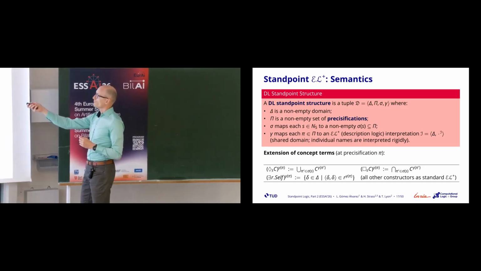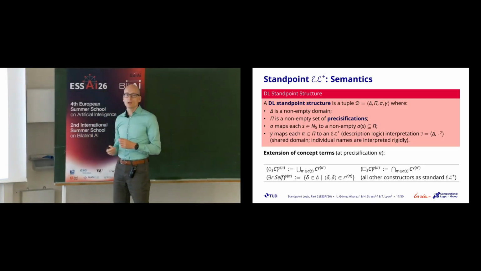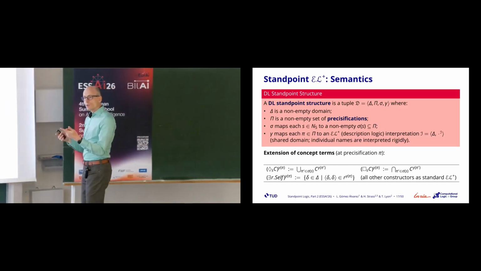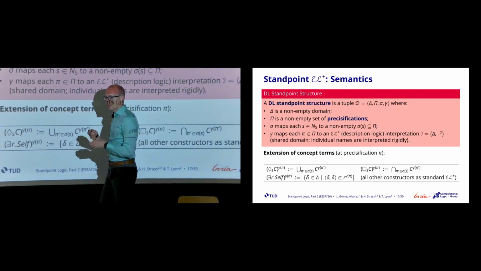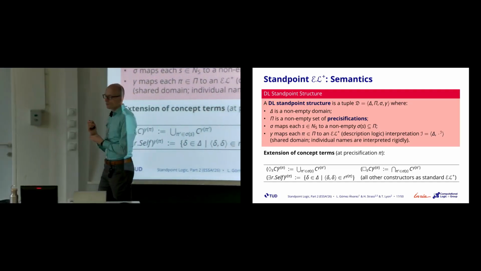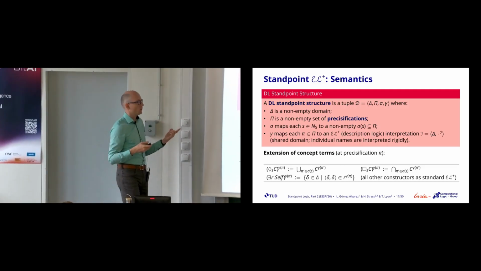So we have a four-tuple. We have this delta, so that's the non-empty domain. That's going to be the interpretation domain shared by all the interpretations of all the precisifications. So they have a shared domain, and this makes life technically much easier for us. Right?